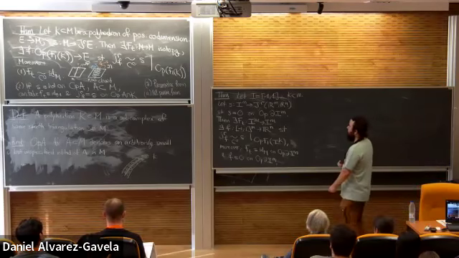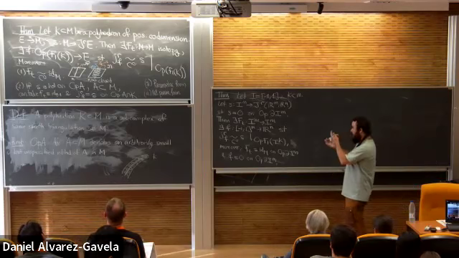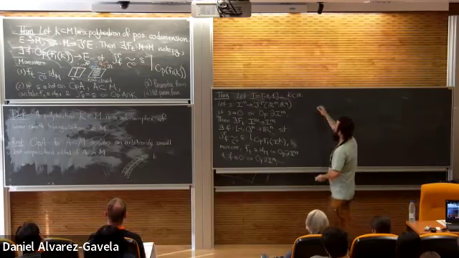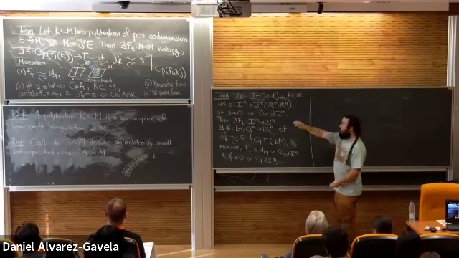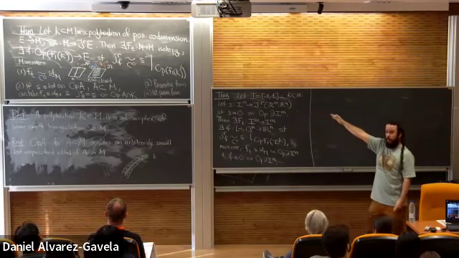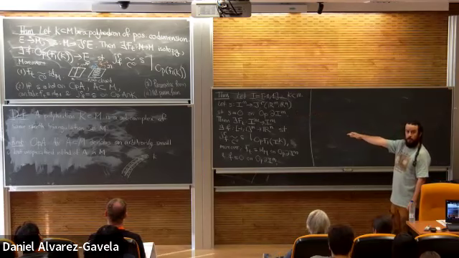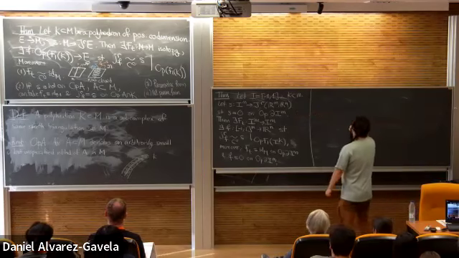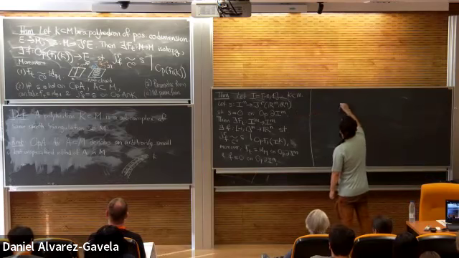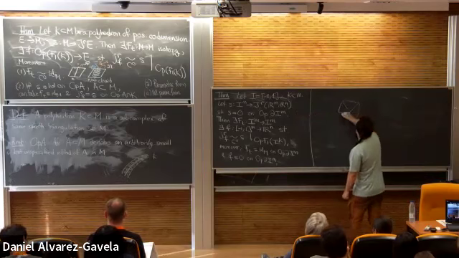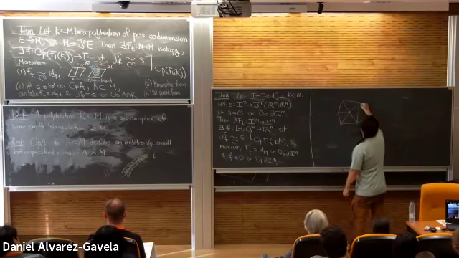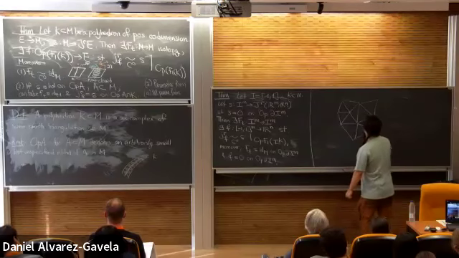Okay, so this is the heart of the argument, but let me briefly explain how to reduce from that theorem to this local statement. Remember that K was a subcomplex of some smooth triangulation.